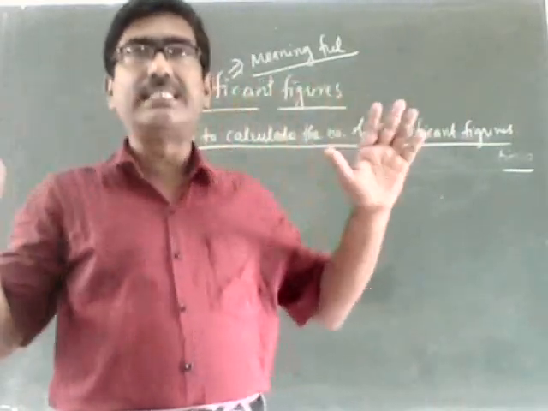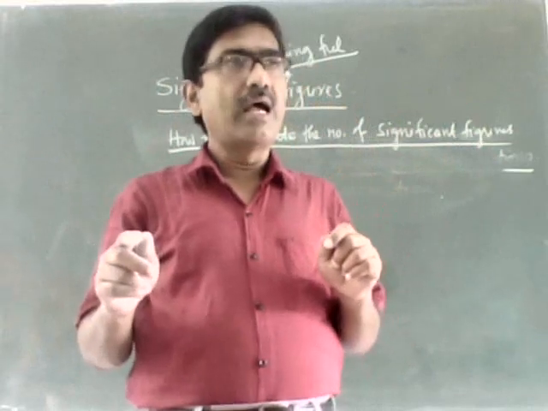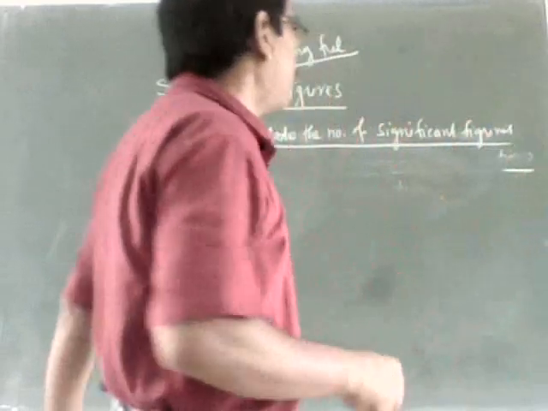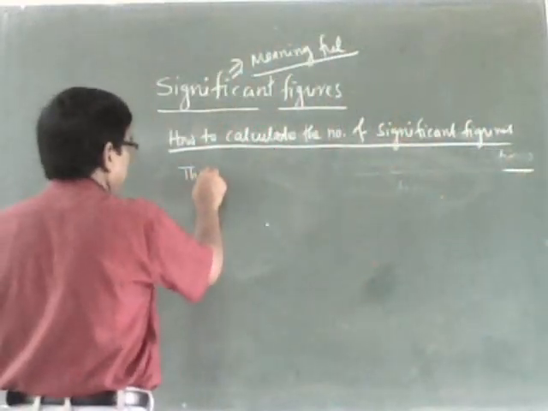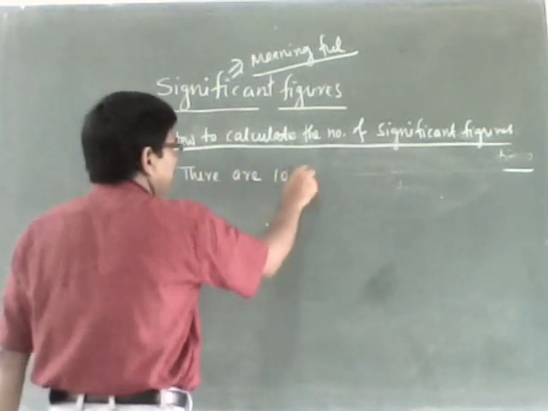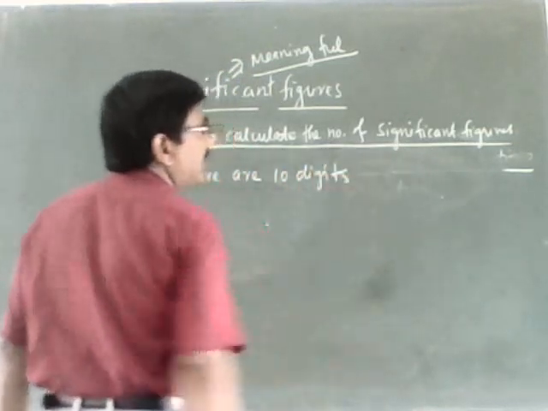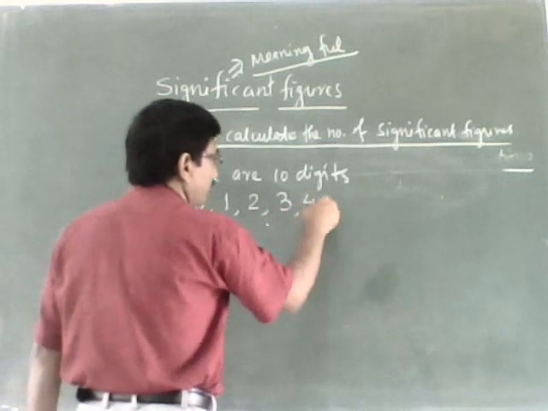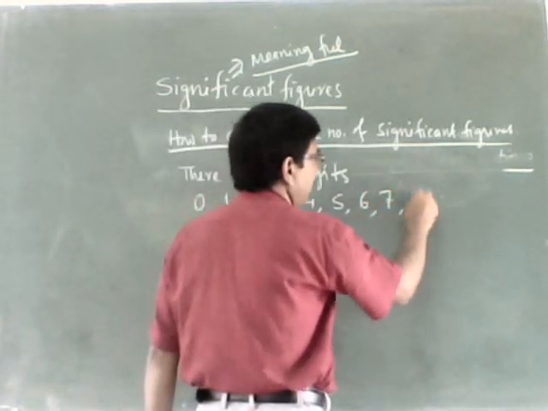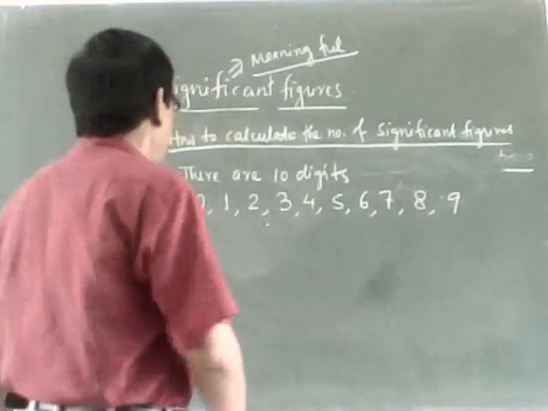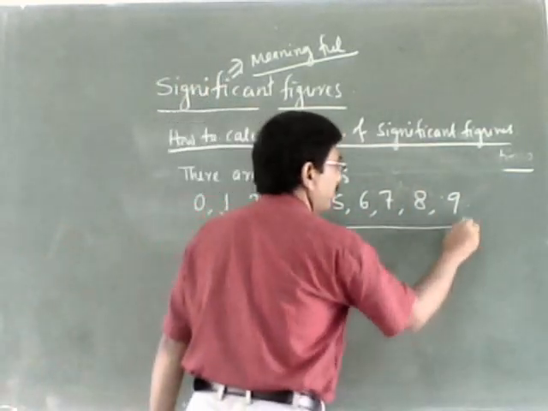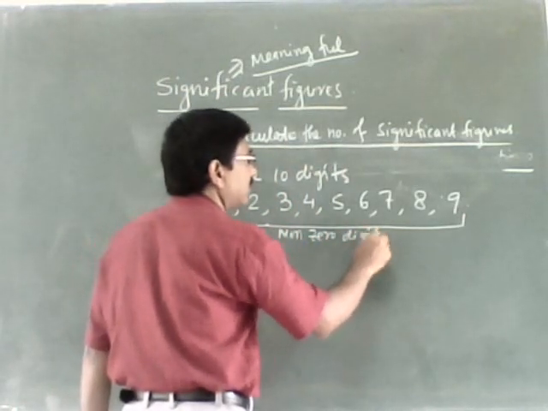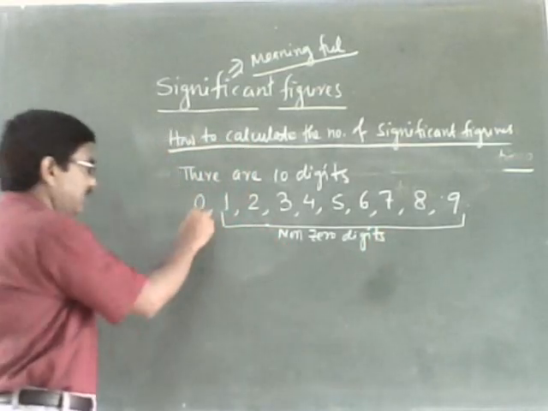Out of these 10 digits, one is 0 and the other 9 digits are non-zero digits.